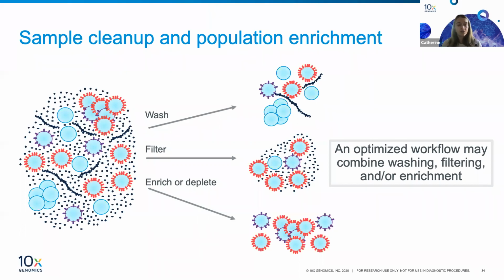You want to consider how many cells you have, how sensitive they are, how much time you've been working with them, and if they're on a rapid decay path. So it's really a balancing act: what's the minimal amount of sample manipulation that will deliver the sample quality and the input to get the application metrics that you want.